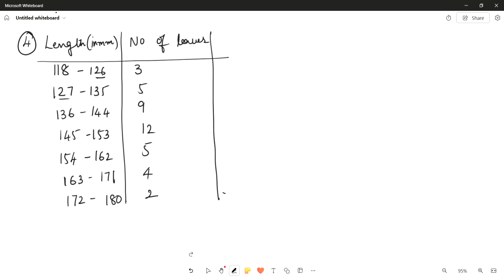So 118, 126 is there. In 118, subtract that. So we will get 117.5. For 126, if you add 0.5, you will get 126.5. The frequency will be the same only, that is 3.